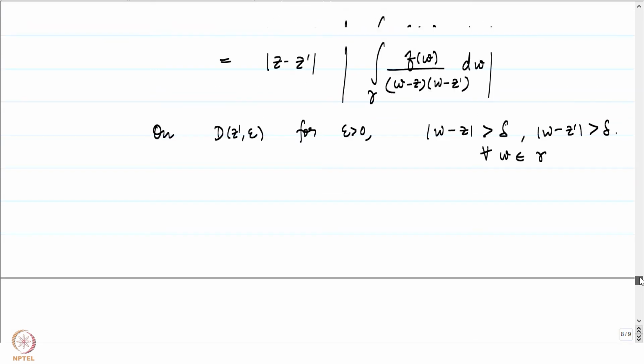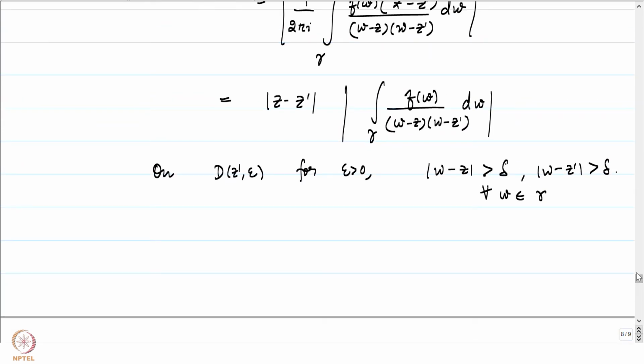We can write this thing inside, and also f is a function which is holomorphic on the annulus, and in particular it is continuous on this circle, and hence being compact there will be a bound. Therefore, we can write this as absolute value of z minus z prime times M by the absolute values of w minus z and w minus z prime, both of which are bounded below by delta, and hence 1 by w minus z times 1 by w minus z prime is bounded by 1 over delta square, and the arc length of gamma, which is going to be equal to 2 pi r.